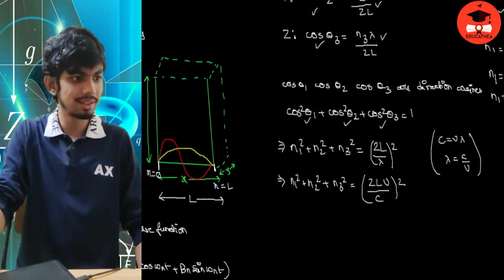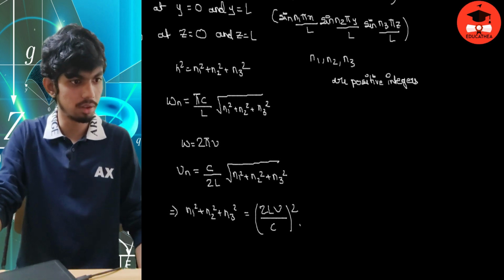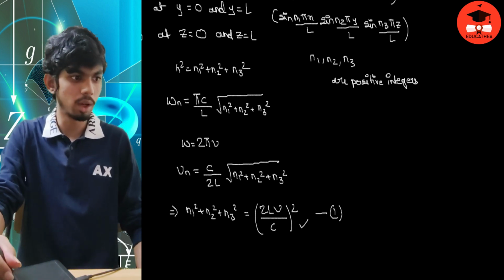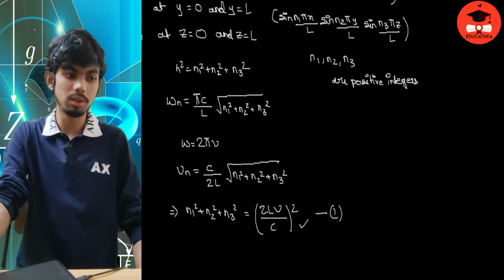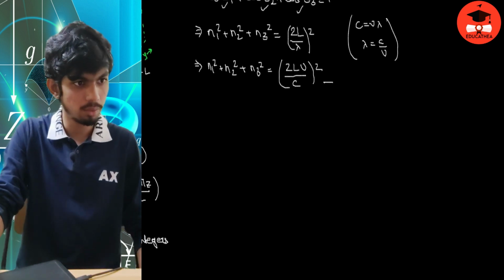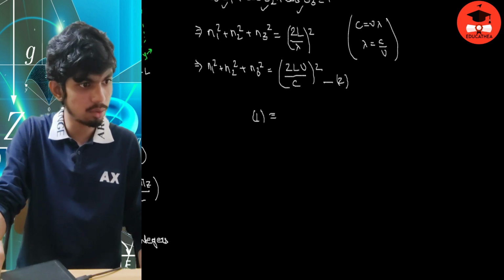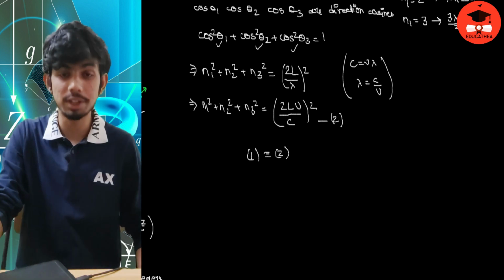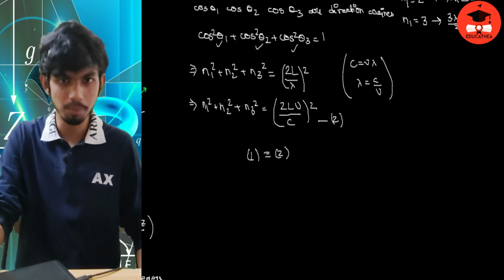Notice that this is exactly what I had obtained over here. So this expression, equation 1, n1 square plus n2 square plus n3 square equal to 2L nu by C whole square, is exactly equal to this expression, which I'll call 2. So equation 1 and equation 2 are exactly same. So I've obtained the same expression from two different methods. And this one was definitely more intuitive.